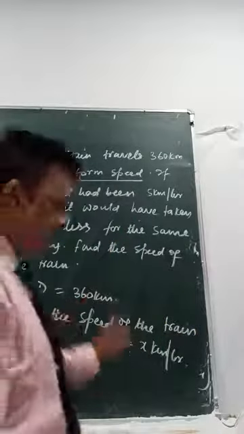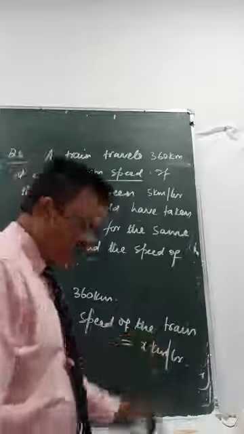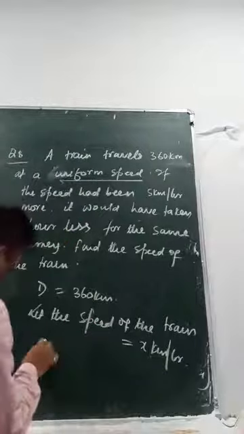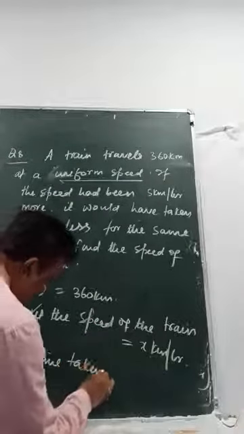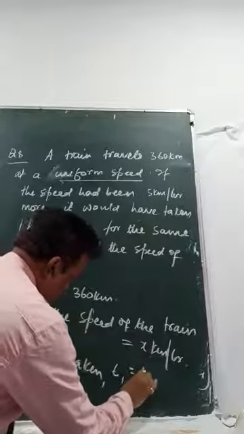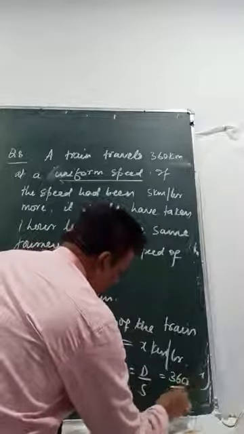The distance is 360 kilometer. Speed of the train is x. What is the time taken? Time taken t1 is distance by speed, that is 360 by x.